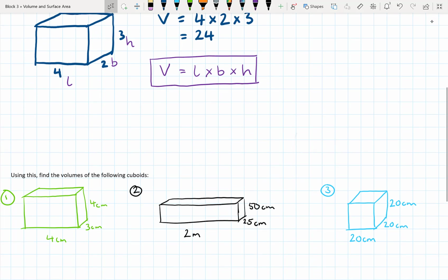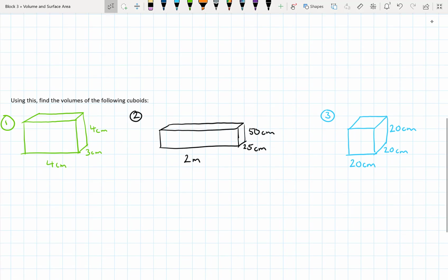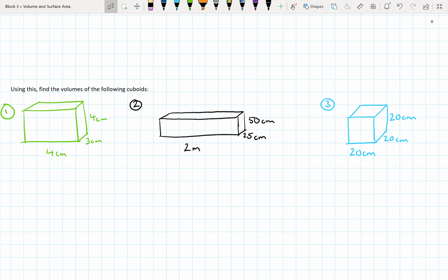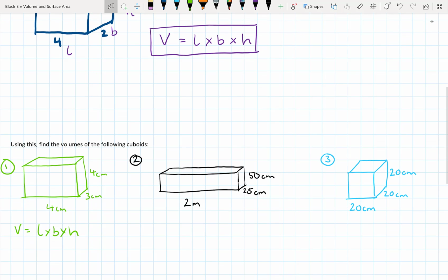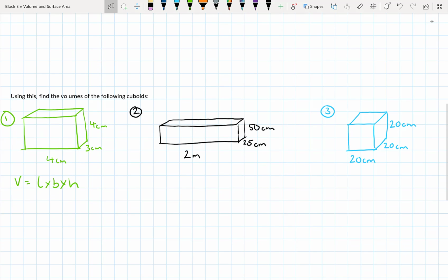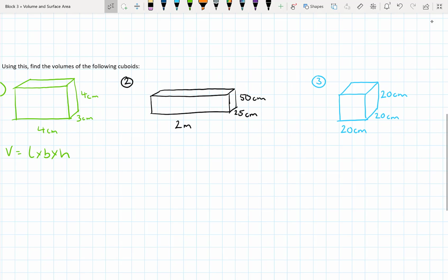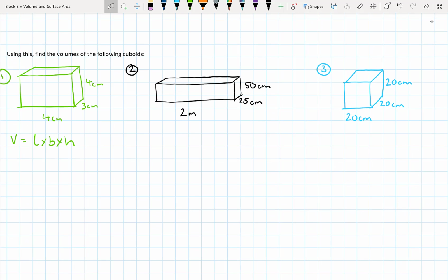So let's try and apply that then. Let's try and find the volume of some of these cuboids further down, starting with the green one. Volume is equal to length times breadth times height, matching the letters up to the shape that we've just got. My volume then is 4 multiplied by 3 multiplied by 4.